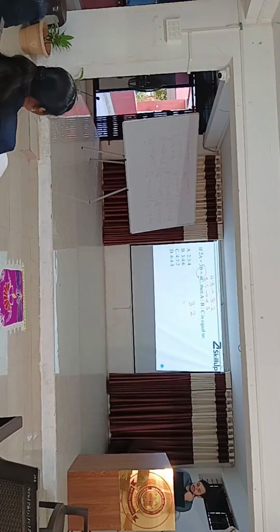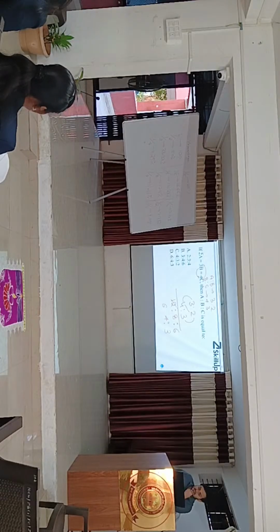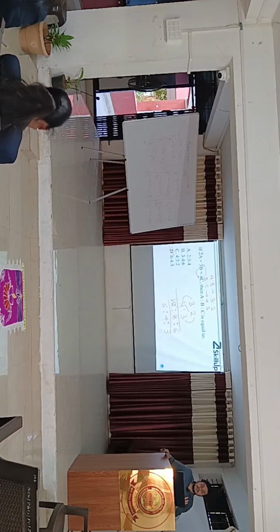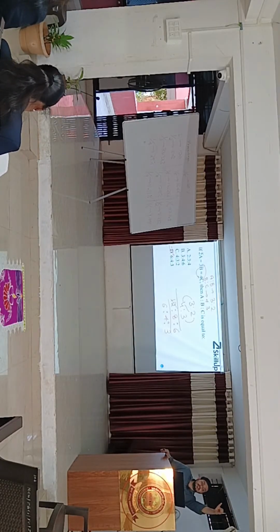Four twos are 8, four threes are 12. Which table shall I divide with? 2. Two sixes are 12, two fours are 8, two threes are 6. What is the answer now? Did you understand this one? Any doubts? Shall I repeat once again?